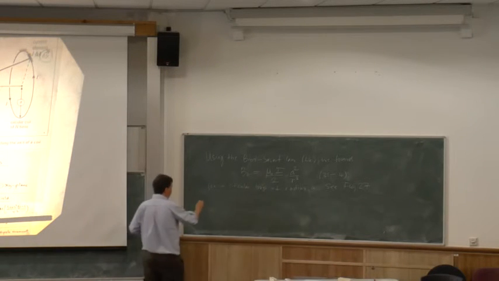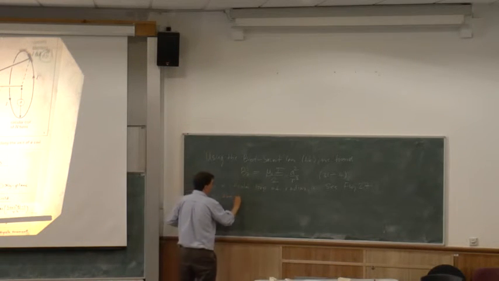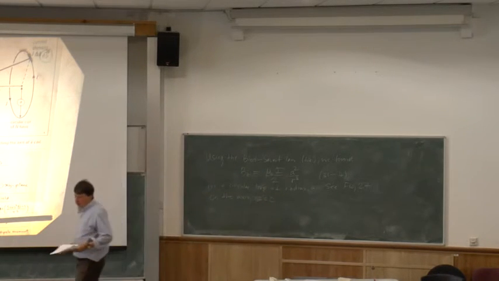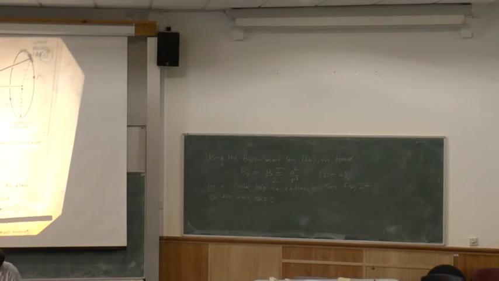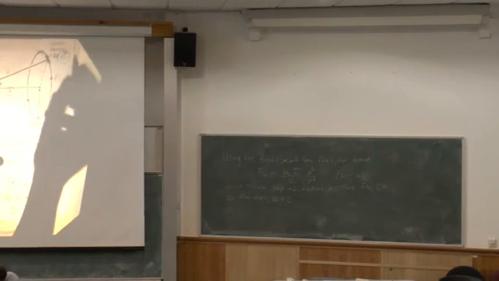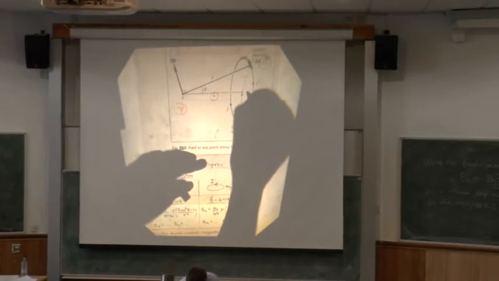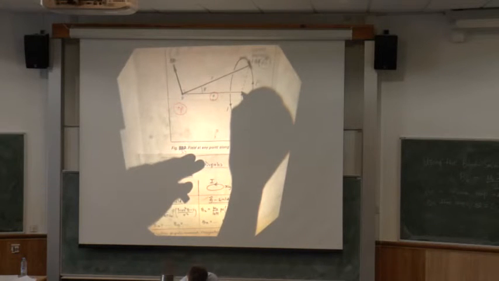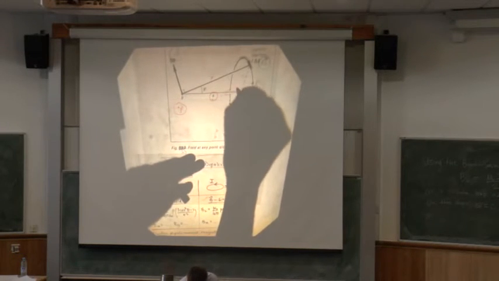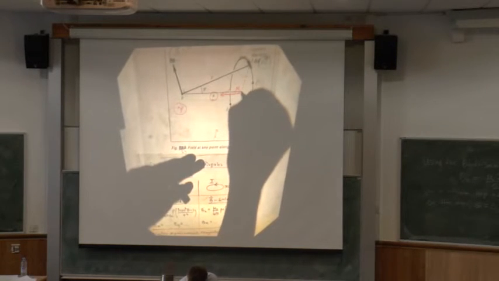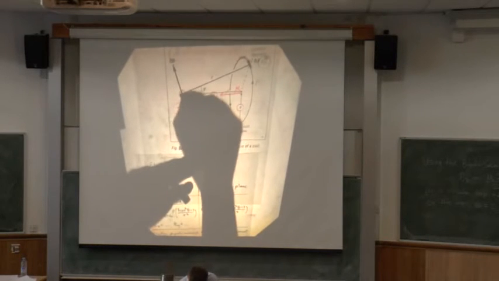So on the axis, theta is 0. Remember, we're now comparing with a calculation where we've got a current going round a loop here, and the magnetic dipole moment, remember, is perpendicular to the loop, and we have the angle between the magnetic dipole moment and the vector connecting the centre of the dipole to the point where we're calculating.